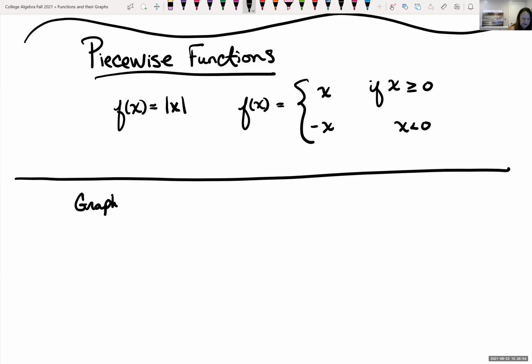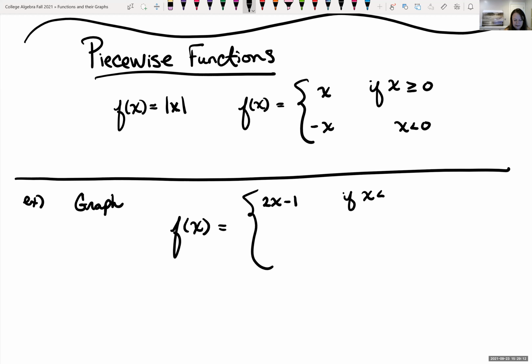So let's look at another example of a piecewise function. Let's say we want to graph f of x is equal to, let's say, 2x minus 1, if x is less than -2.